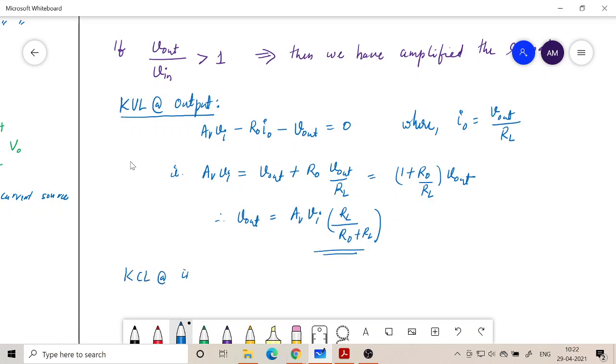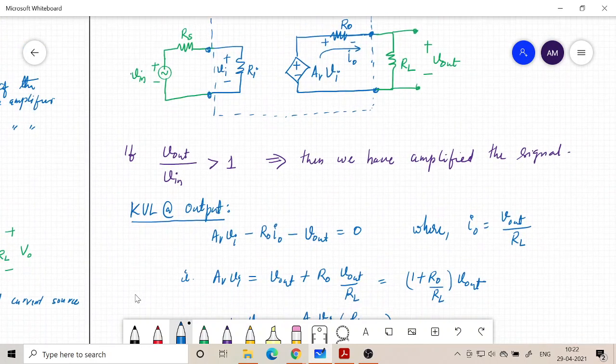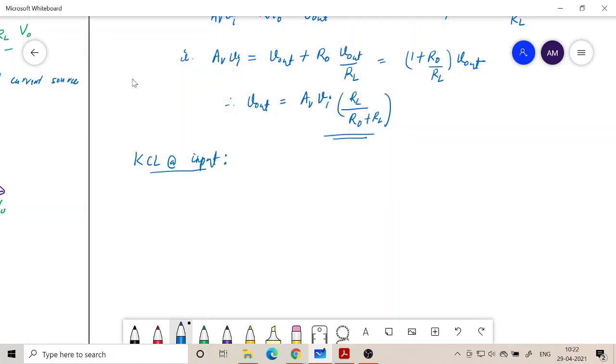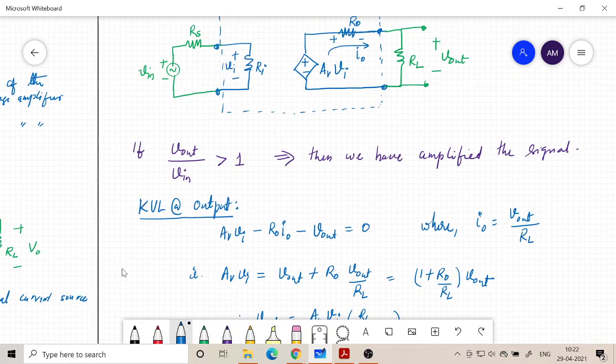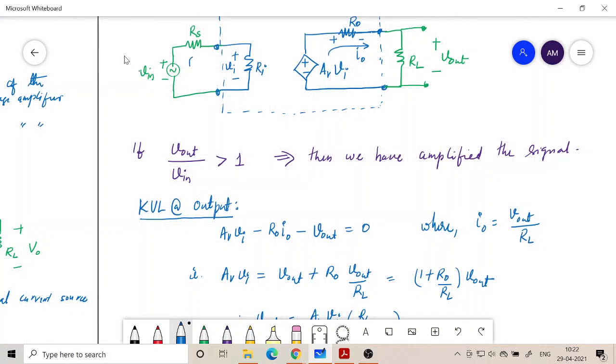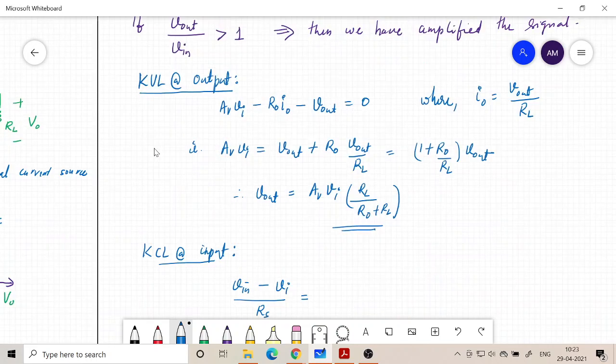The current coming is basically V in minus VI by RS, and whatever current is coming will basically flow out. Current coming to this node is the same as current leaving. That is KCL. So that is VI by RI.